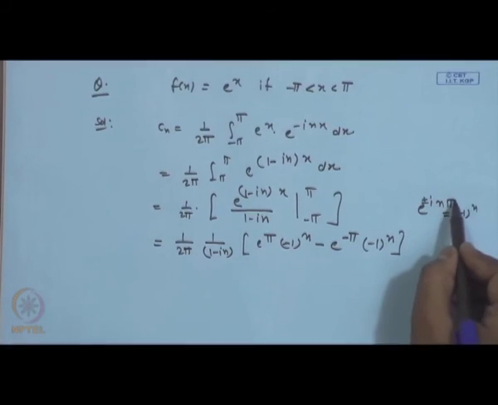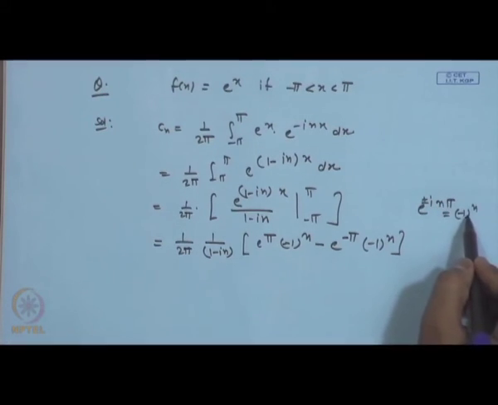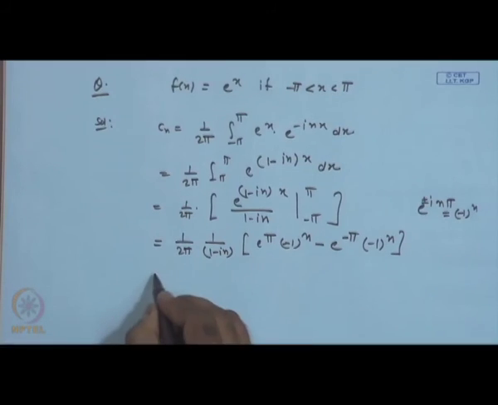Sin n pi will be 0, and cos n pi will give (-1)^n.